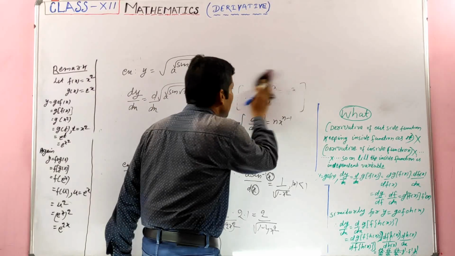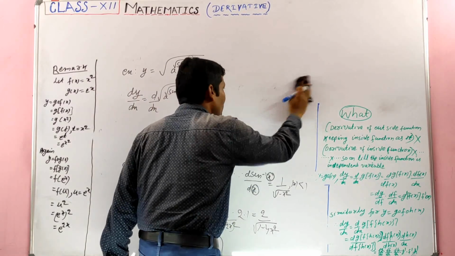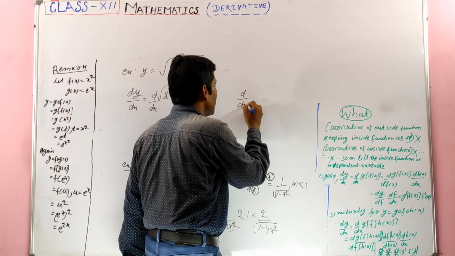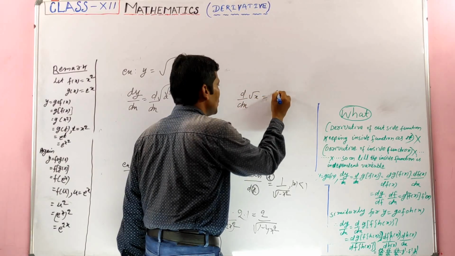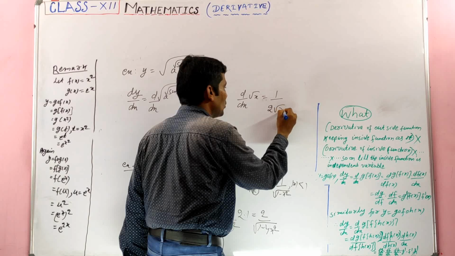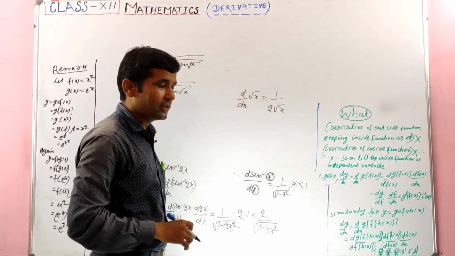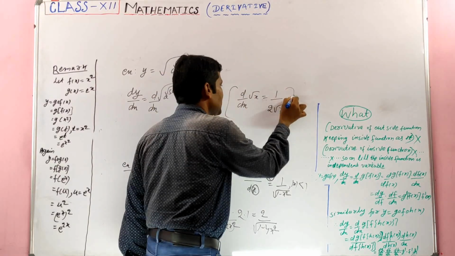Now what is the formula applied here? We have to remember the formula of d by dx of root x, whose formula is 1 by 2 root x. That means it is obtained from the formula for x to the power n. Remember this formula?